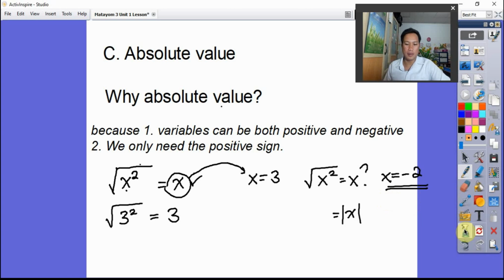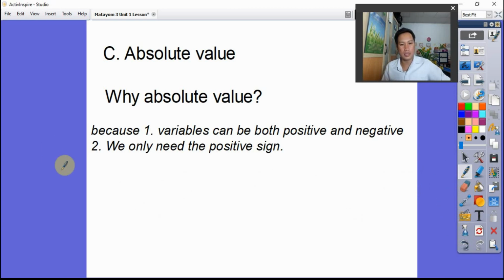Why? That's a good question. Why should it have an absolute sign? Let's say you have an x squared. This x squared will neutralize any positive or negative sign. It works like an absolute value. For example, let's say your x is equal to negative 2.